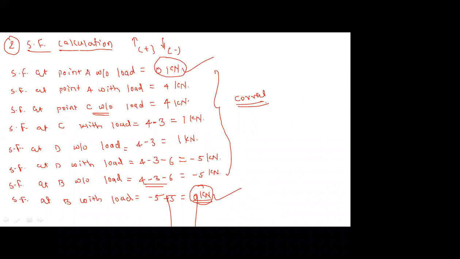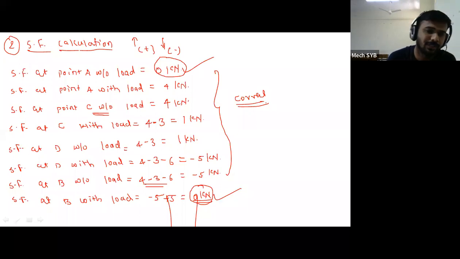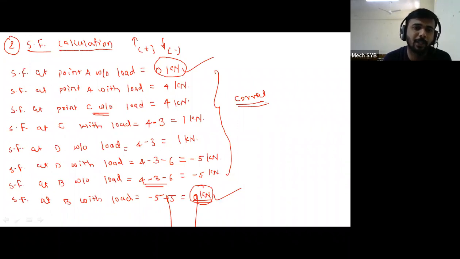Again, how to verify the answer? SF at A without load and SF at B without load. That means the start of the SF calculation and the end of the SF calculation. If it comes 0, see, I did nothing here, only upward forces and downward forces. Without load means we do not consider the load at the point we are calculating, only the forces on its left side; and with load means considering the forces on the left side and also the load at that point. Then if your start calculation and end calculation are equal to 0, your middle calculation is 100% correct.